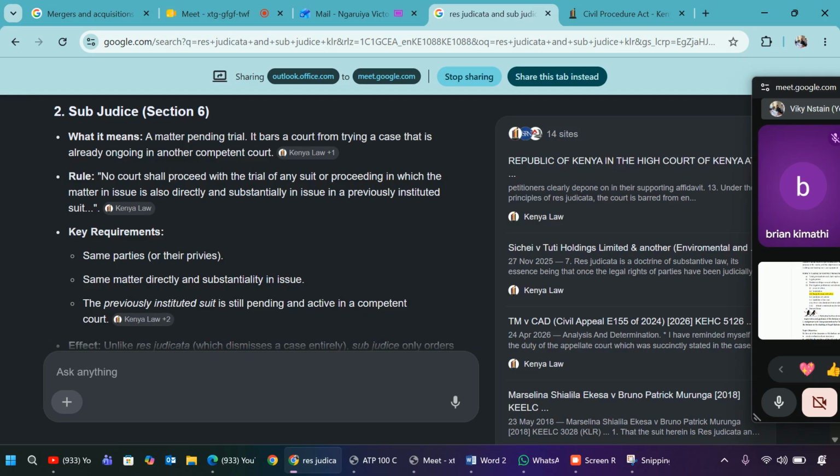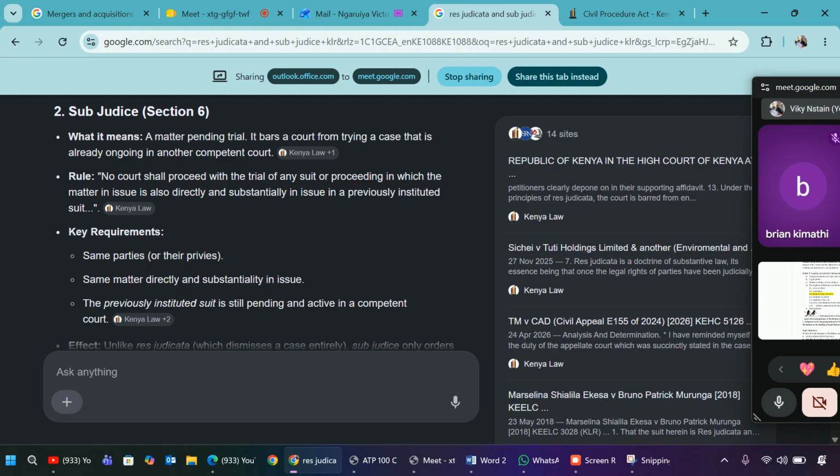But if the matter was struck out because the plaintiff did not disclose a cause of action, you can always refile because that matter was never determined or heard on its merits. That is a clear distinction between the two.